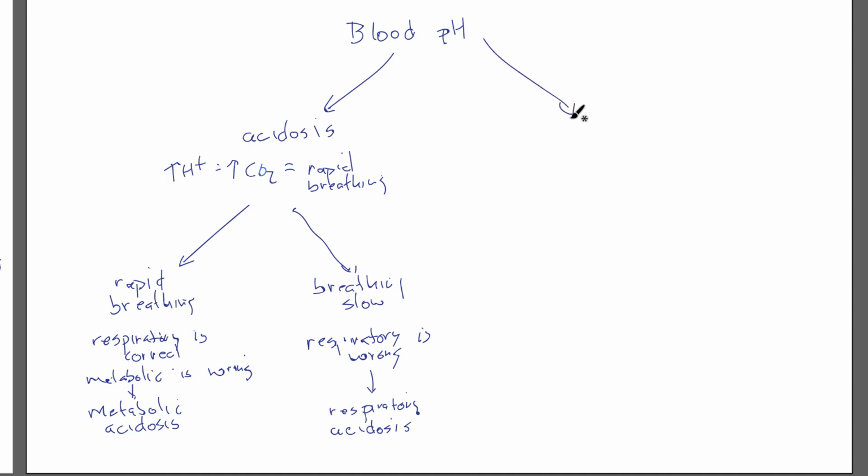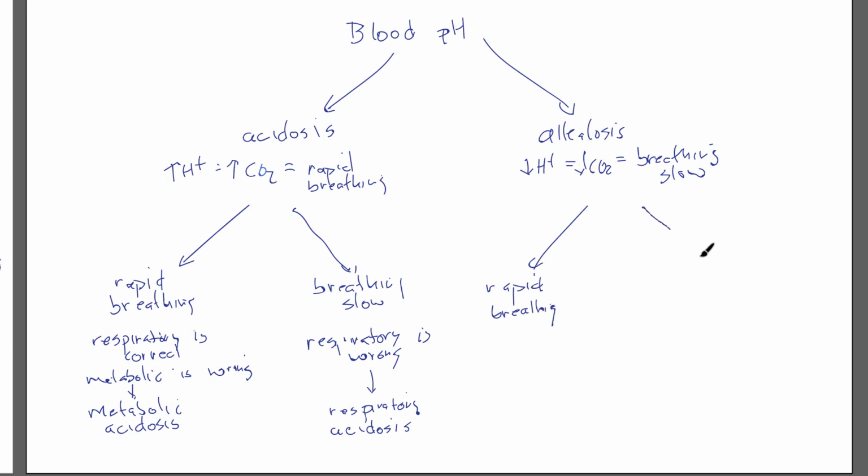Over here, if you have alkalosis, then what you have is low H, which means you have low CO2, which means you should be breathing slow. And you can have a patient that is rapidly breathing, or you can have a patient that's breathing slow. Well, if they're supposed to be breathing slow and they're rapidly breathing, then respiratory is wrong.